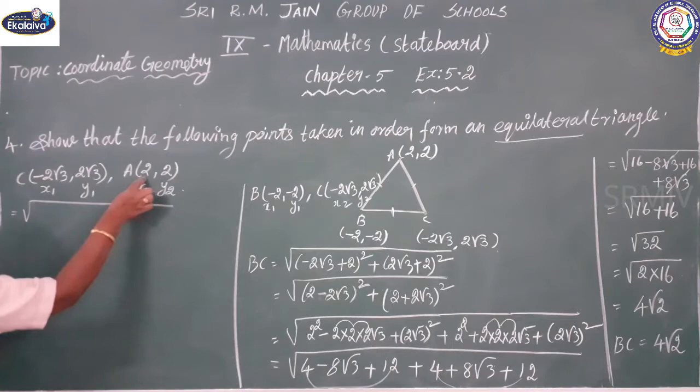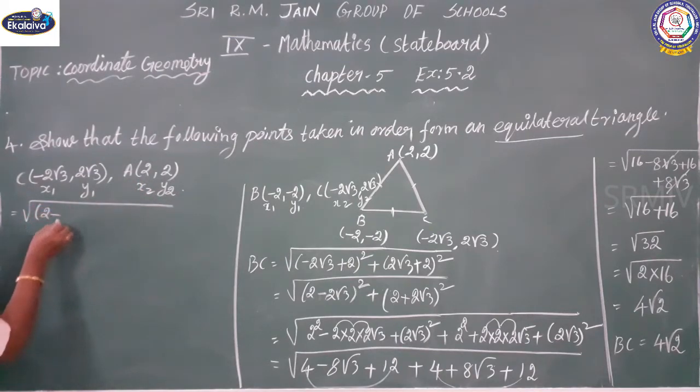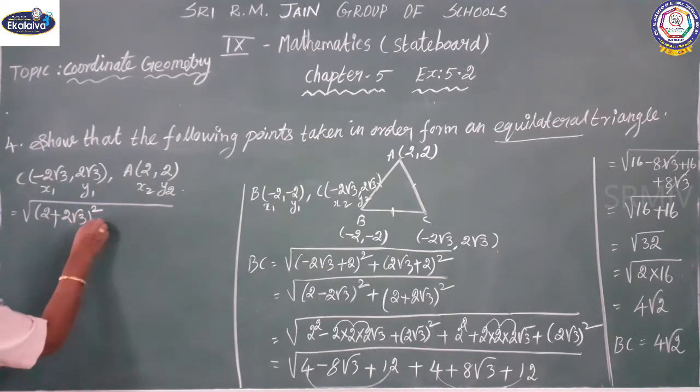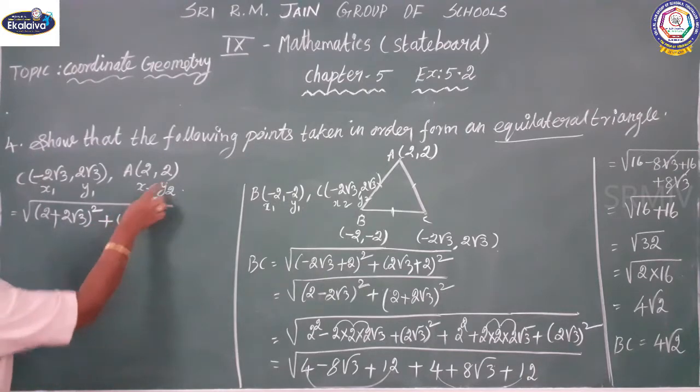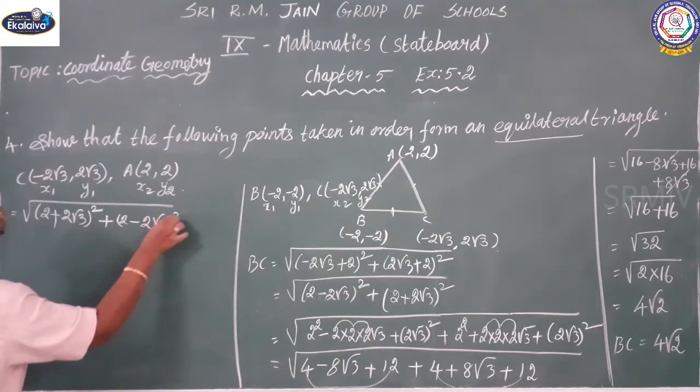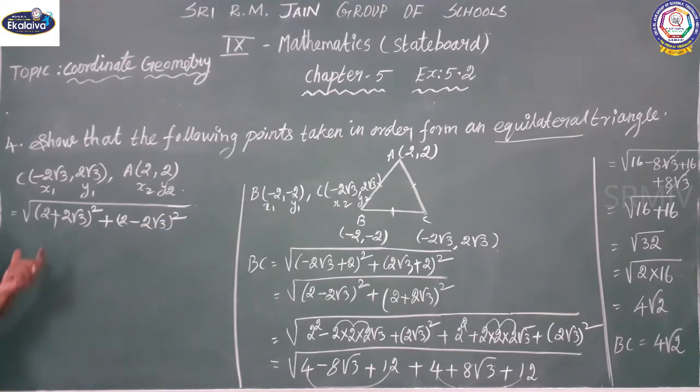Root of x2, 2 minus, here minus of 2 root 3, so minus into minus, plus. So plus 2 root 3 the whole square plus y2 2 minus y1 2 root 3 the whole square. So now it is in the form of a plus b the whole square plus a minus b the whole square. Here a equals 2, b equals 2 root 3.